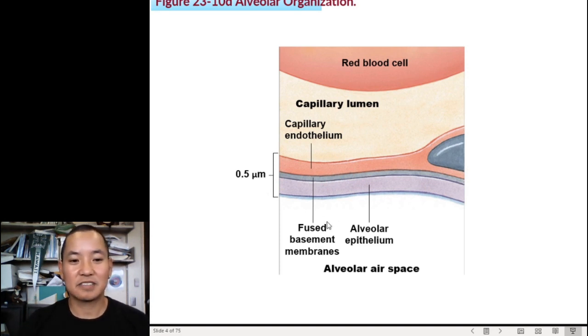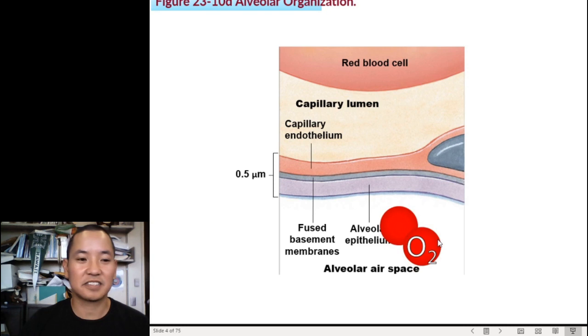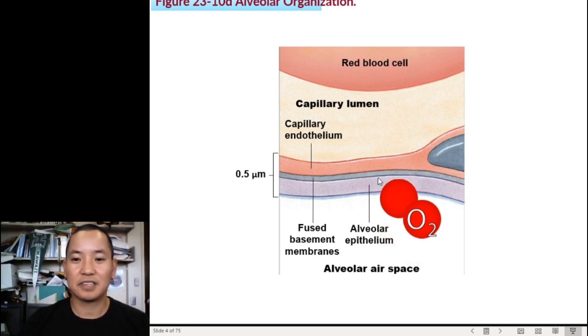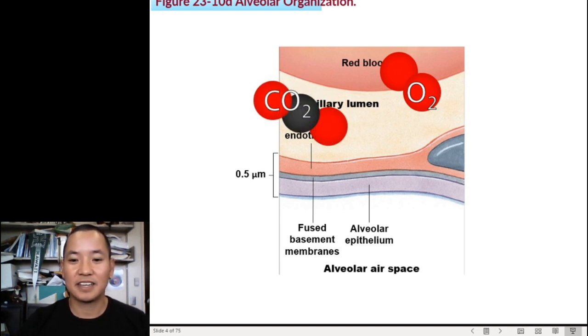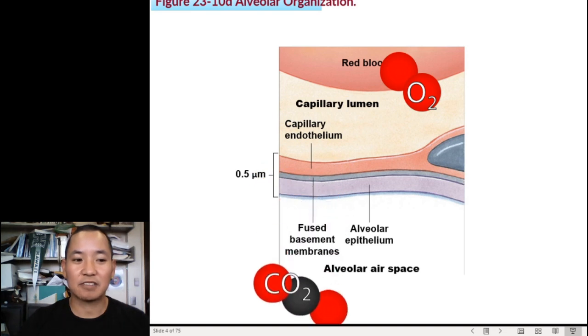Because you want gases to diffuse, and it's really easy for these gases to move from the air into your blood right here. So you want oxygen from the external environment and your air to move into your blood. And also remember that you produce carbon dioxide as a byproduct of metabolism. So you want to move carbon dioxide from your blood and inside your body and excrete it and move it outside of your body.